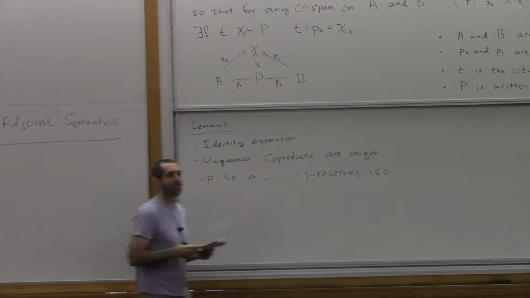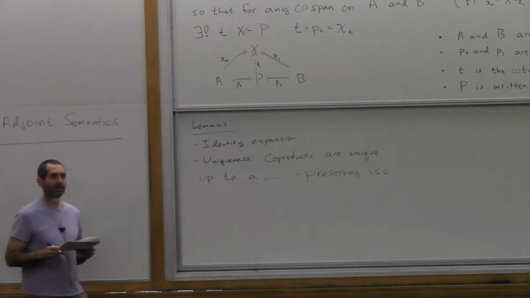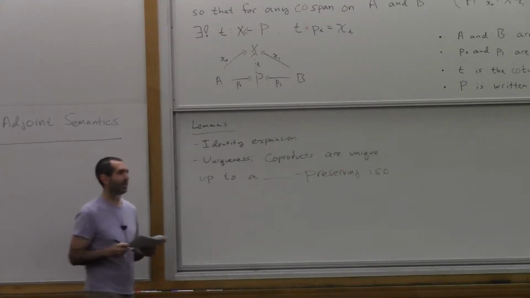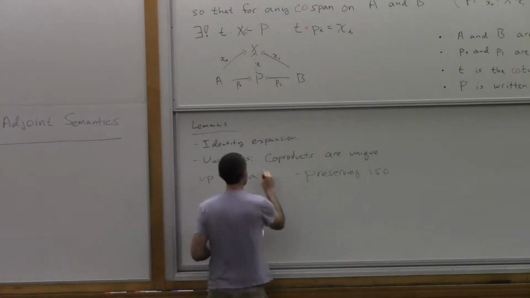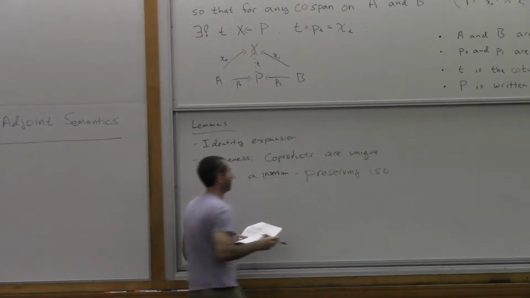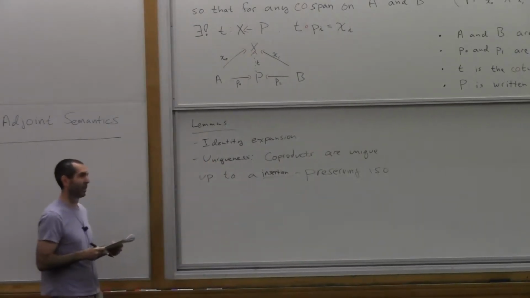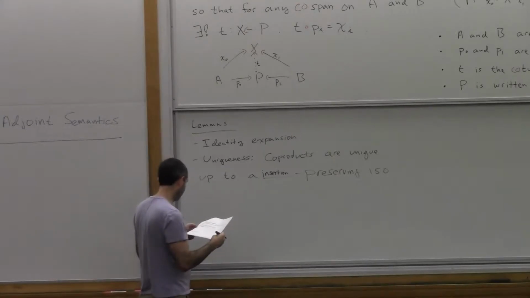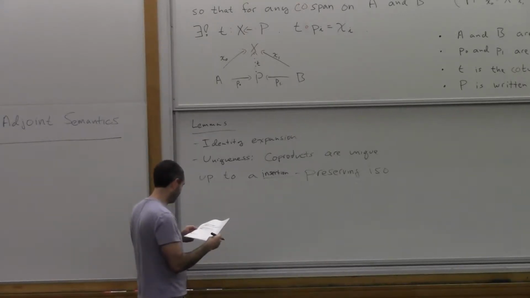And what should that something be in this case? So in the case of products, if you remember, it was the projections that had to be preserved. So what's the dual of the projections? The insertions, exactly. And the proof is exactly the same as the one for product.